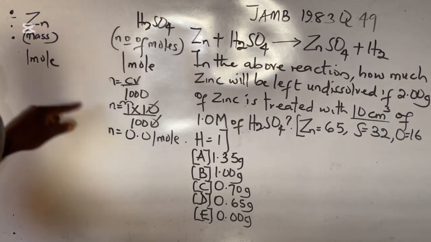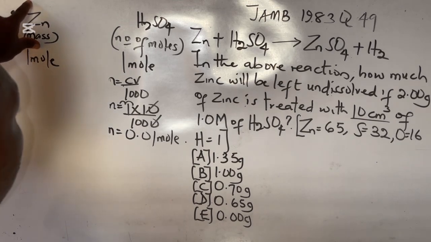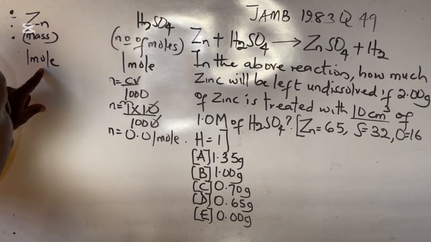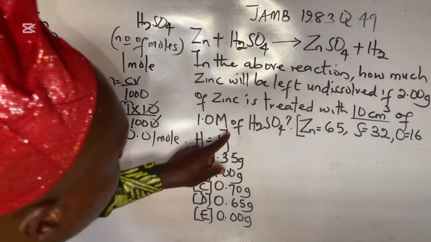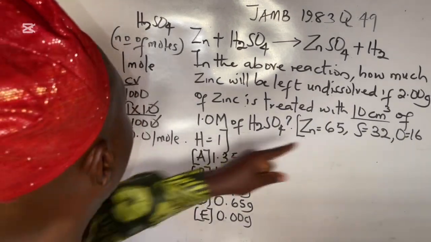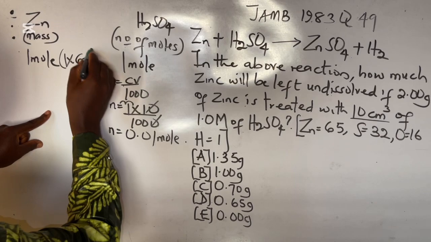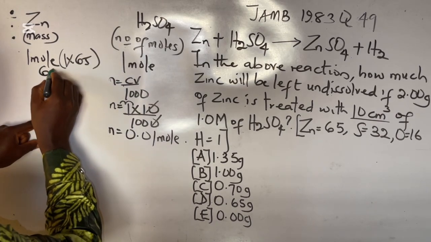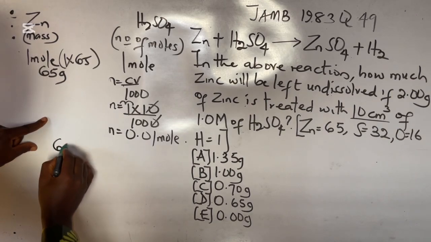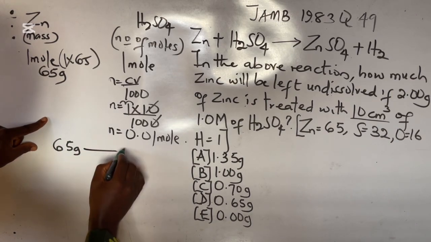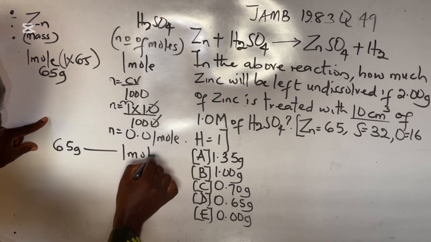So let's calculate the mass of zinc. When we have 1 mole, mass of zinc will be 1 times the mass of zinc. That's 65. That's 1 times 65. And that is 65 grams. So if we do this very well, we have 65 grams of zinc gives 1 mole.